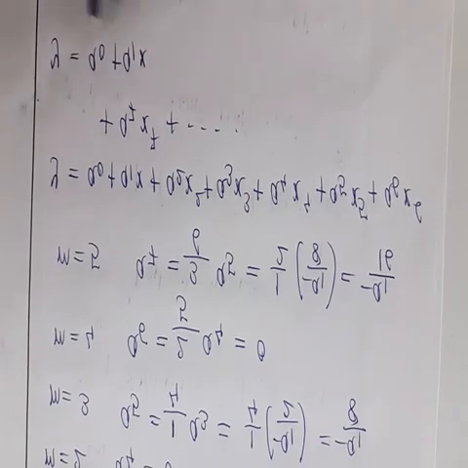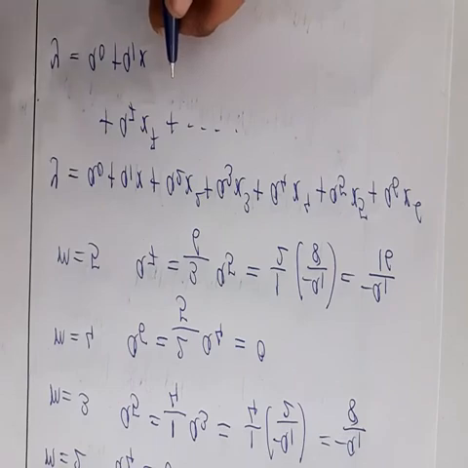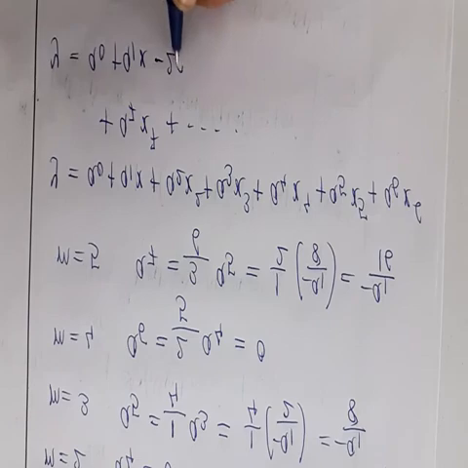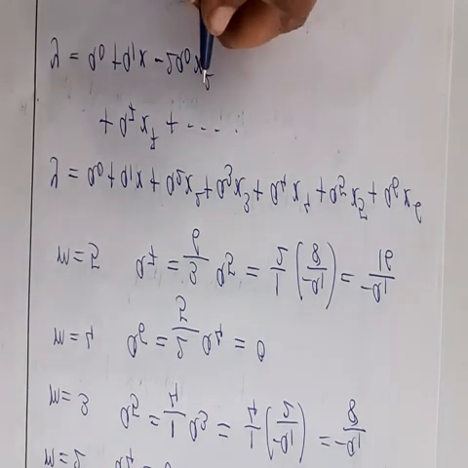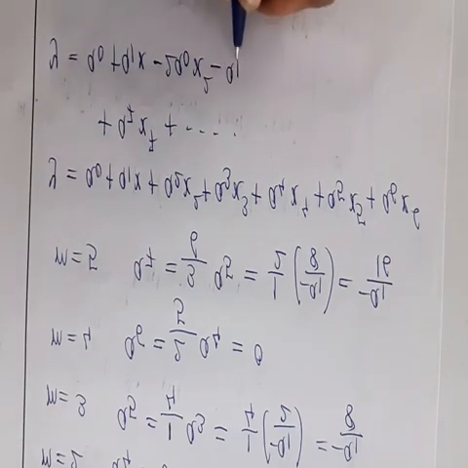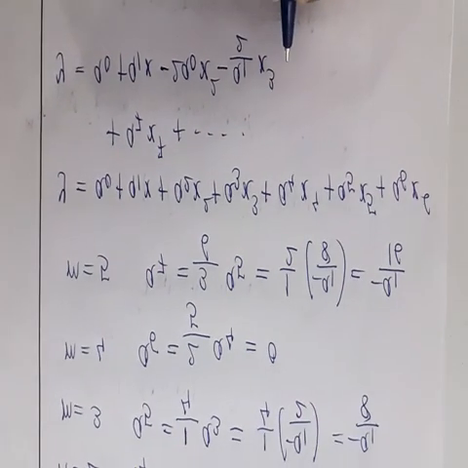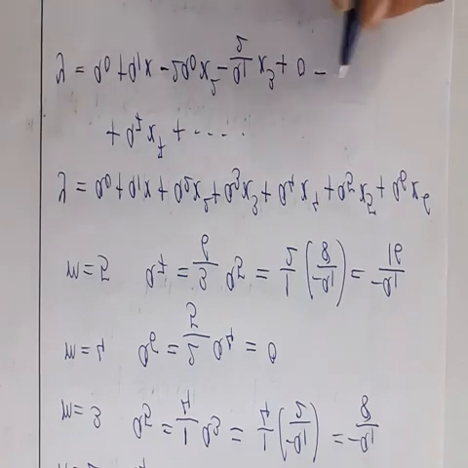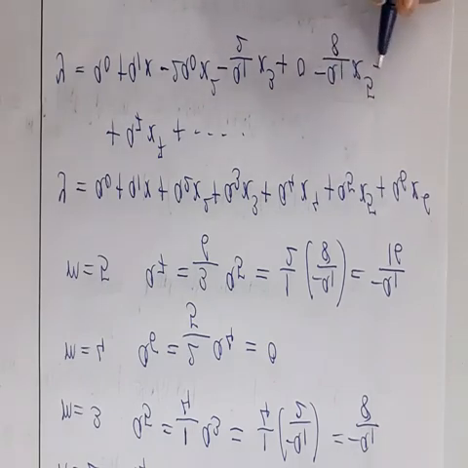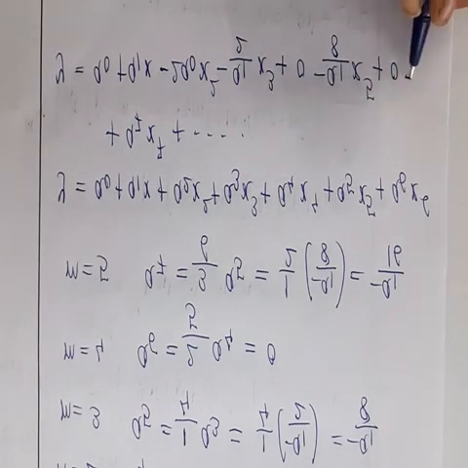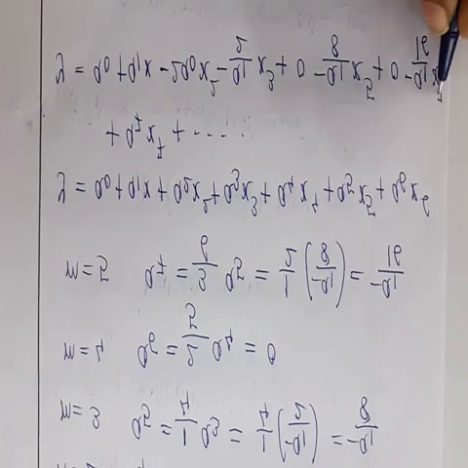We always get the solution in terms of a0 and a1. Plus a2, what is the value of a2? It is minus 2a0 multiplied by x². a3 is minus a1 divided by 2 multiplied by x³, plus a4 is 0. a5 is minus a1 by 8 into x⁵. a6 is 0. a7 is minus a1 by 16 multiplied by x⁷, and so on.